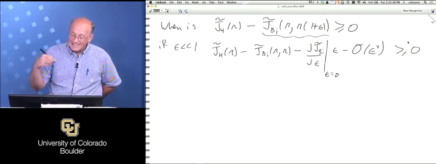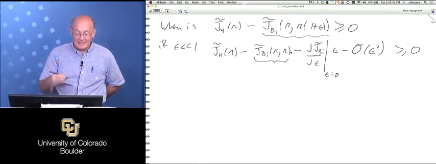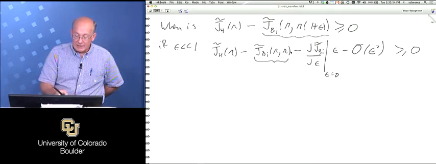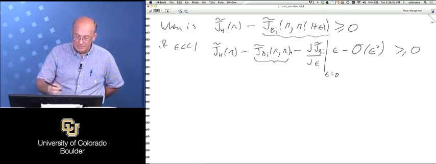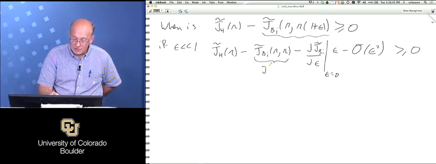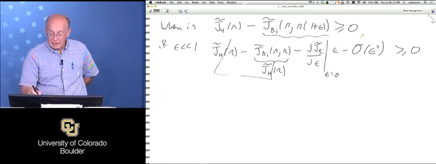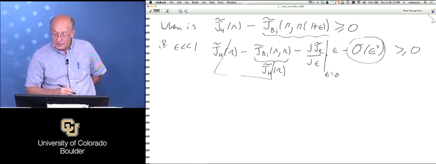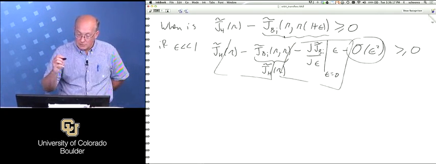And we want to know, when is this greater than or equal to 0? But I've already stated, and you can show, that this bielliptic, when L is equal to R, meaning that you don't do this third maneuver, is just equal to the Hohmann transfer. So these two actually cross out. We're going to ignore higher order terms, so we just focus in on this first order term.